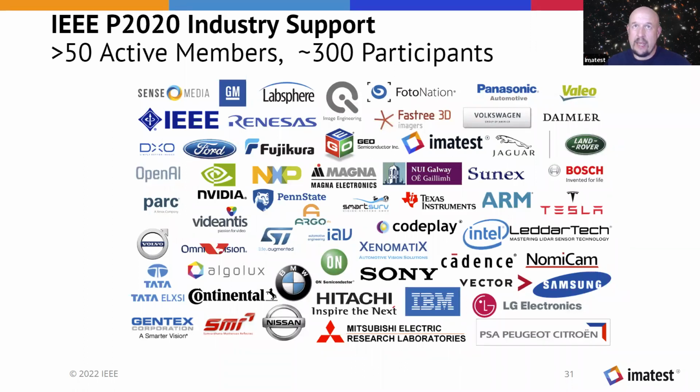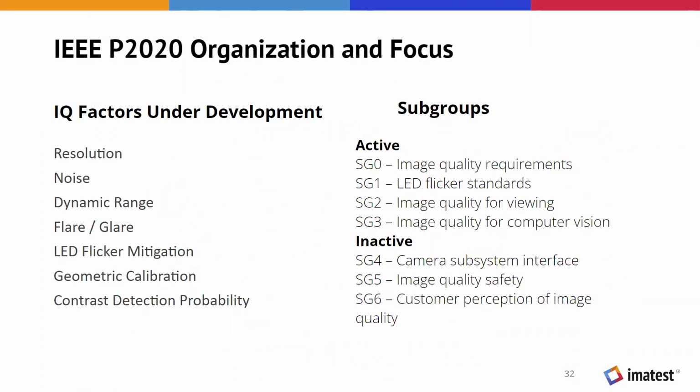So there's a big group of companies and individuals dedicated to making automotive camera measurement a very standardized process. And we've been working many years trying to achieve that goal. More than 50 are main members, and roughly 300 other large companies participate in the research.